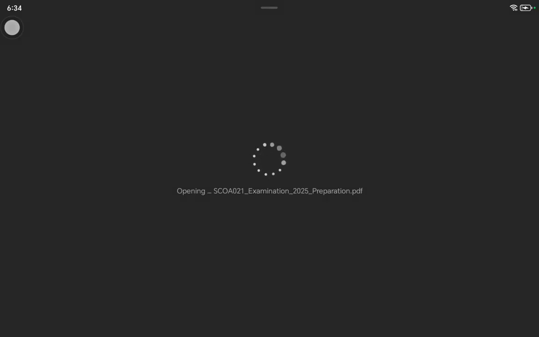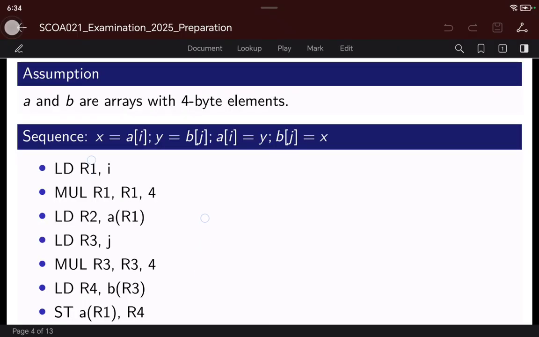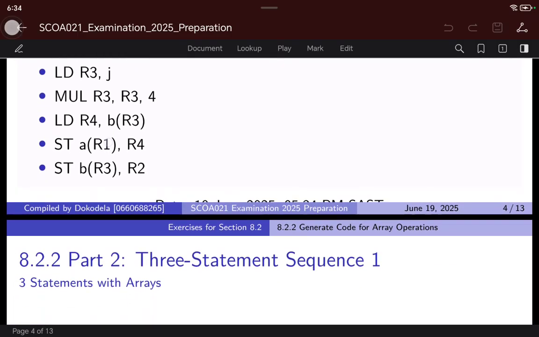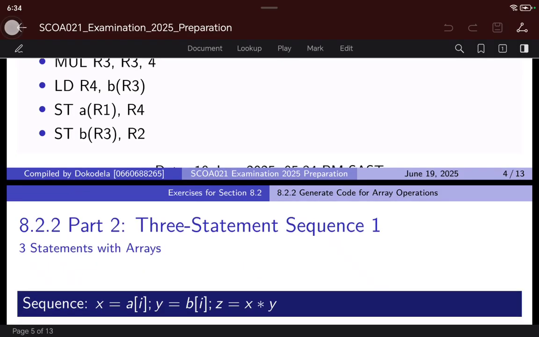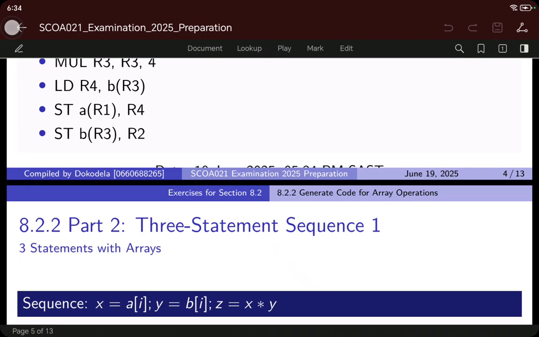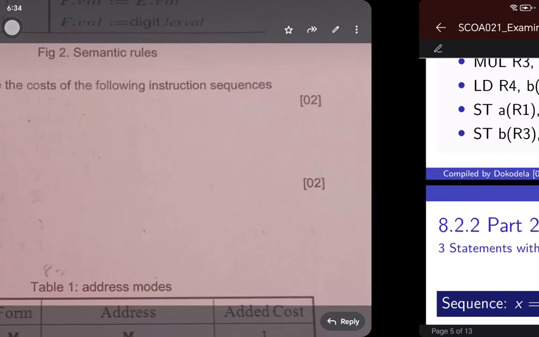On the notes, it's x equals to ai, and then y equals to, this one is bj, or bi also, bi.